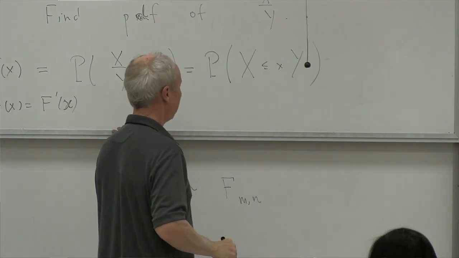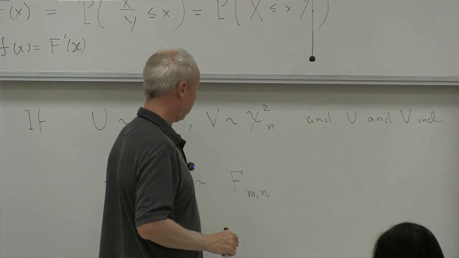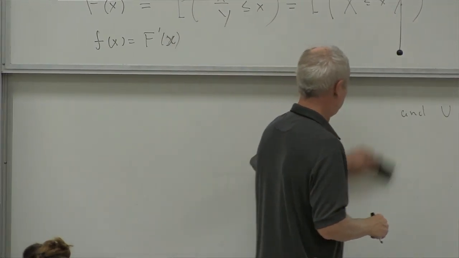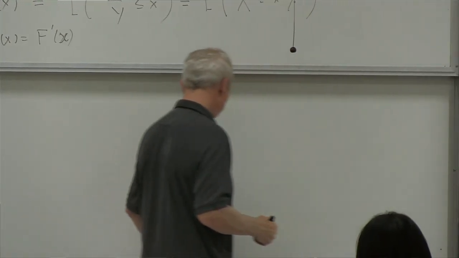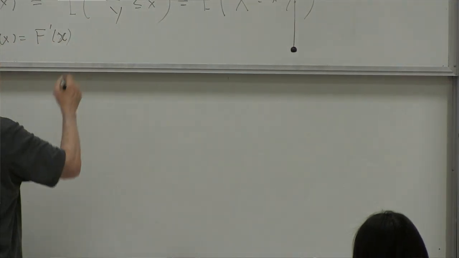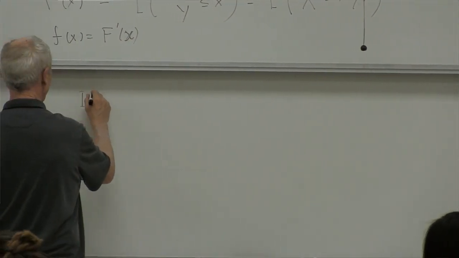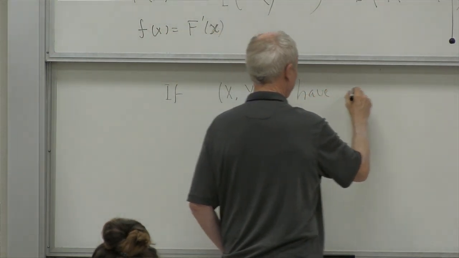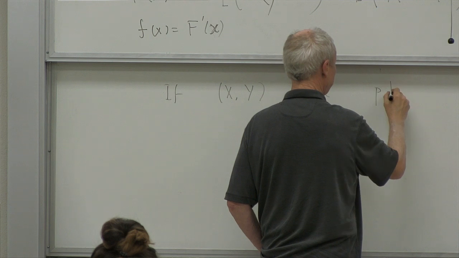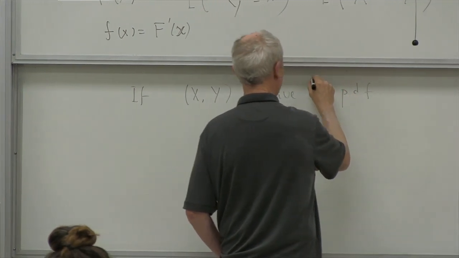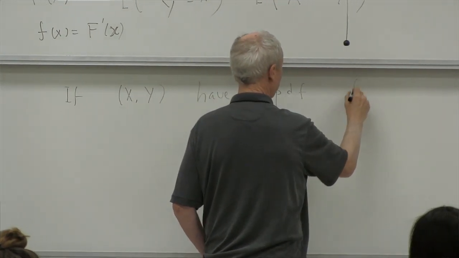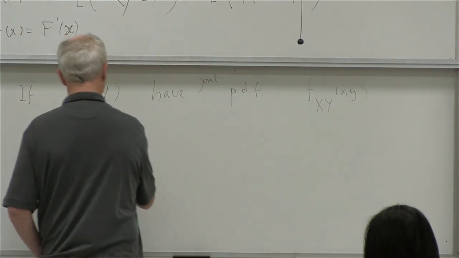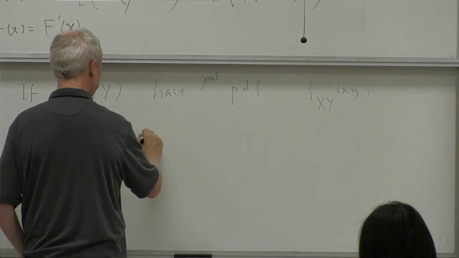Now again, anytime you have jointly distributed random variables, in this case they're independent, if X and Y have a joint PDF, how do I compute the probability that the pair is in a set A?